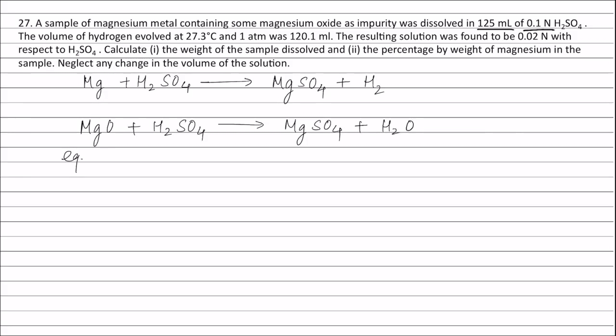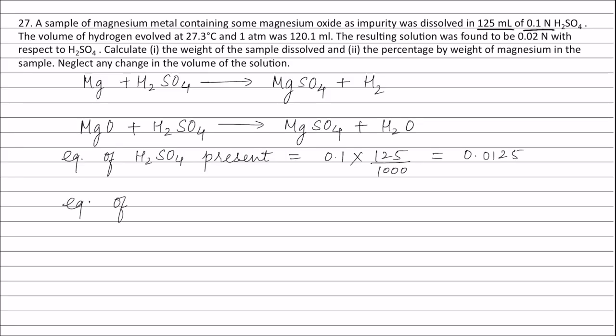Now, equivalents of H2SO4 present is equal to normality of H2SO4, that is 0.1 N, into volume of H2SO4 in liters, that is 125 divided by 1000, and this is equal to 0.0125 equivalents.